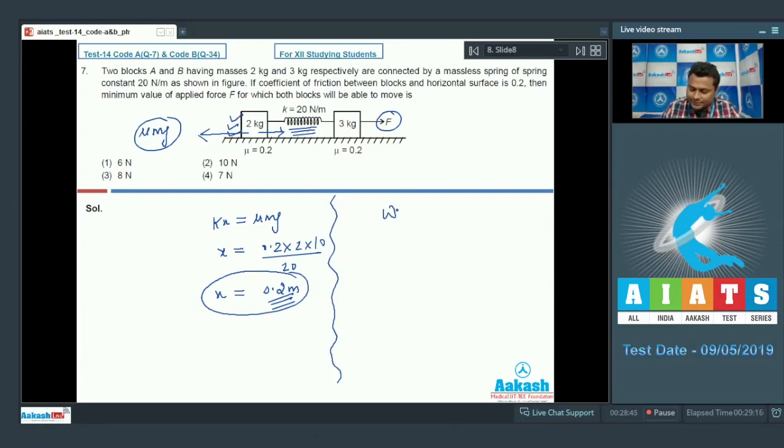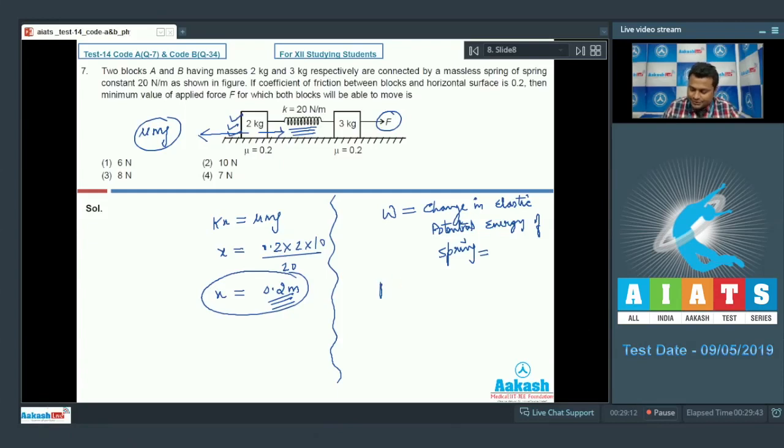The total work done will involve in what? Change in elastic potential energy of spring.